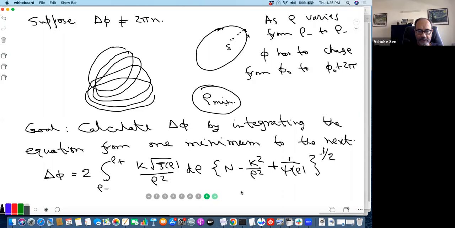Right? This is what you'll calculate, and we want to ask, is this 2 pi n for some integer n?